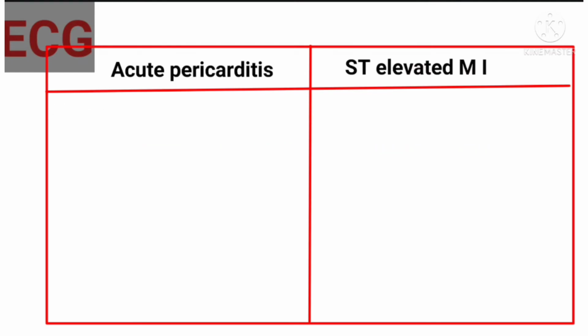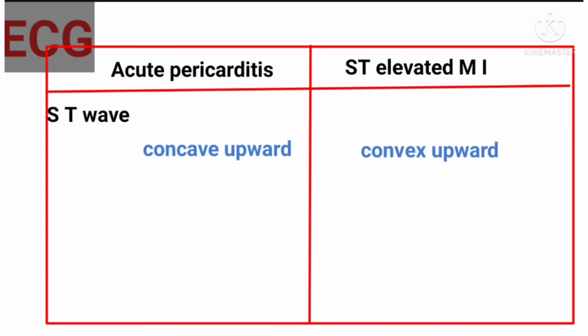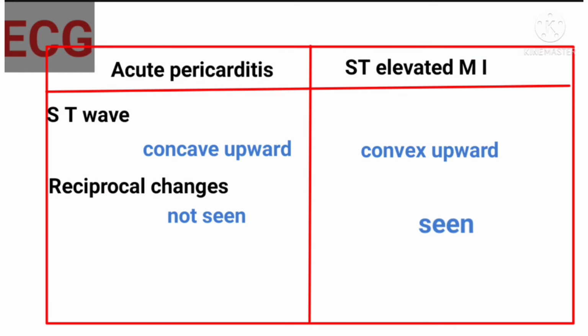There is also ST elevation in ST elevated MI, but the elevation of the ST segment due to acute pericarditis is different from myocardial infarction. Here in acute pericarditis, the ST elevation is concave upward, but in MI it is convex upward, and reciprocal changes are present in ST elevated MI but not in acute pericarditis.